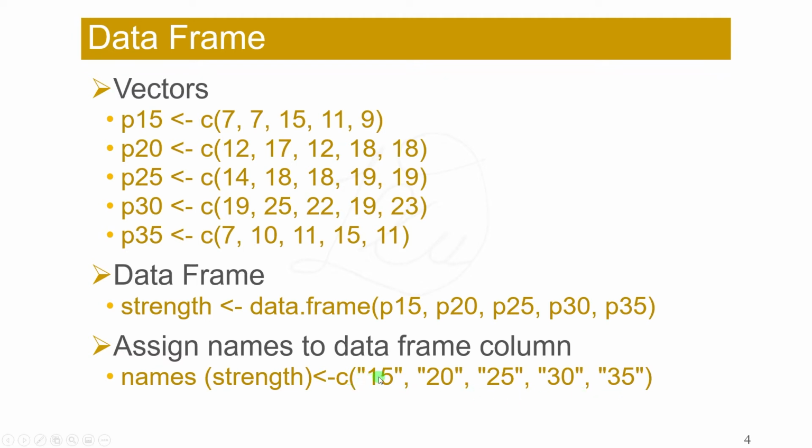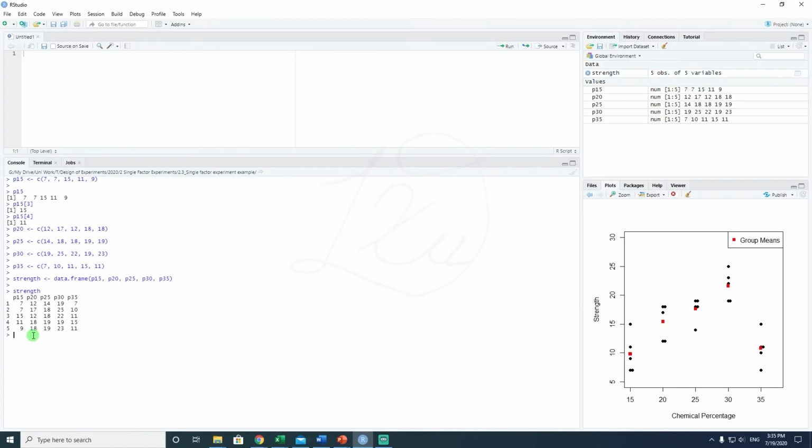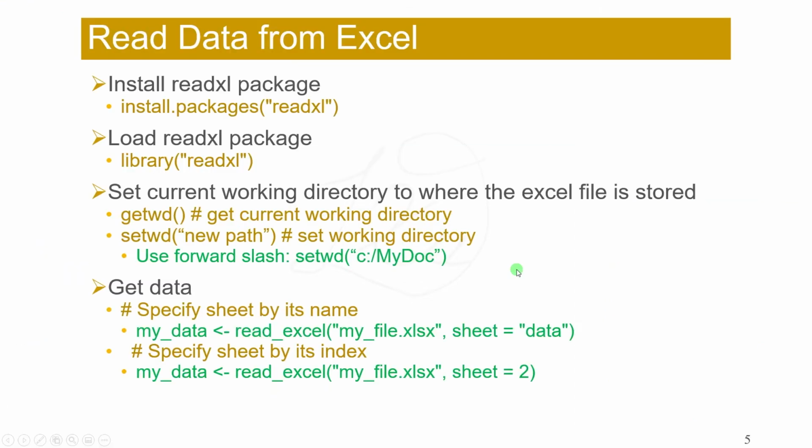You have to put them in quotes to let the program know that they are characters instead of numbers. Now put the code in R and enter. If I display the variable strength and enter, now you can see the names of the columns become 15, 20, 25, 30, and 35.